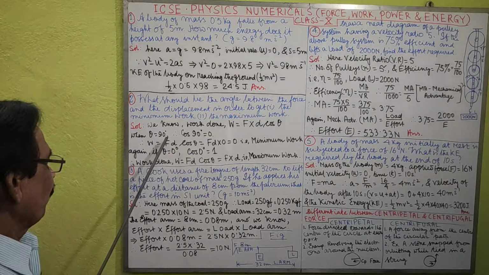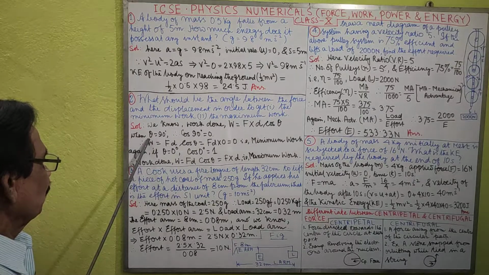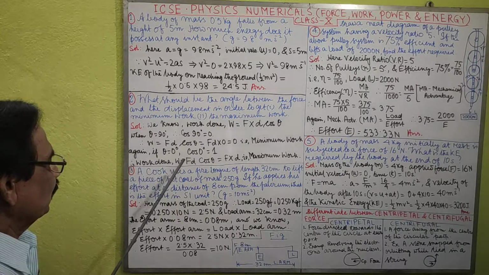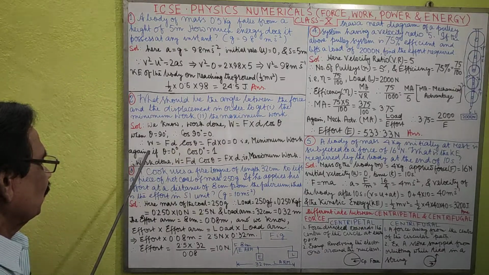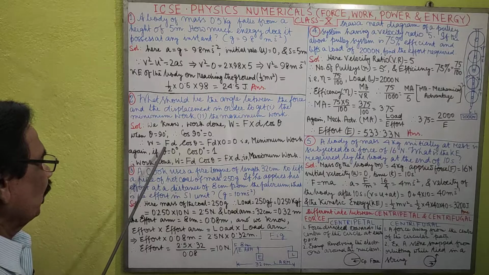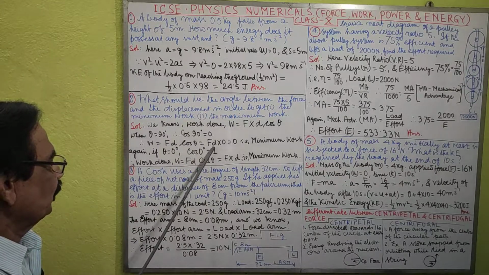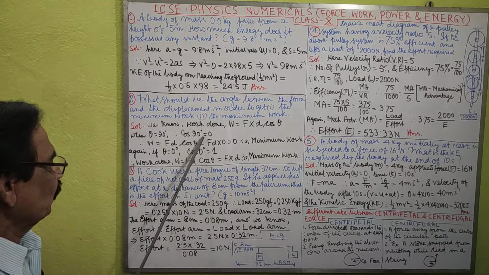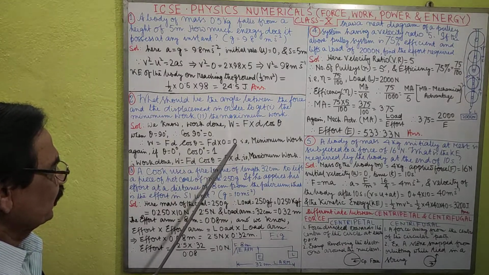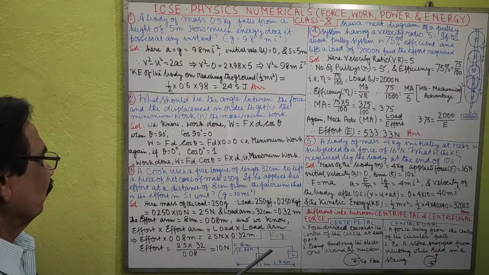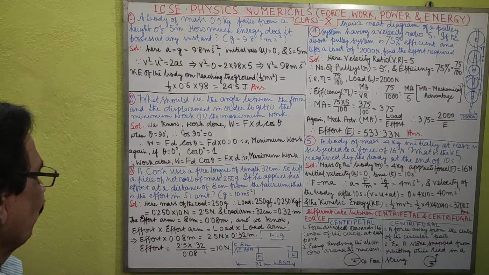Here if theta equal to 90 degree, we know that cos 90 equal to 0. Therefore work done W equal to F d cos theta equal to F d into 0, because cos 90 equal to 0, that is 0, minimum work when theta equal to 90 degree.